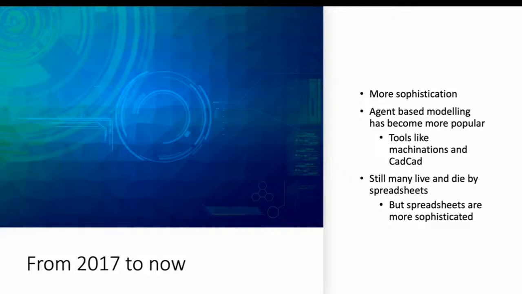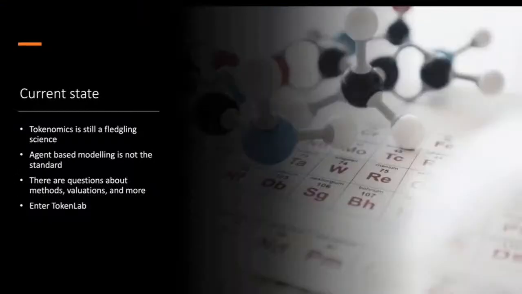However, many people still live and die by spreadsheets. For better or for worse, this is what is happening. But even the spreadsheets themselves are quite sophisticated. This sophistication of the methods also reflects the increasing sophistication of the actual underlying area of tokenomics as well as blockchain and Web3.